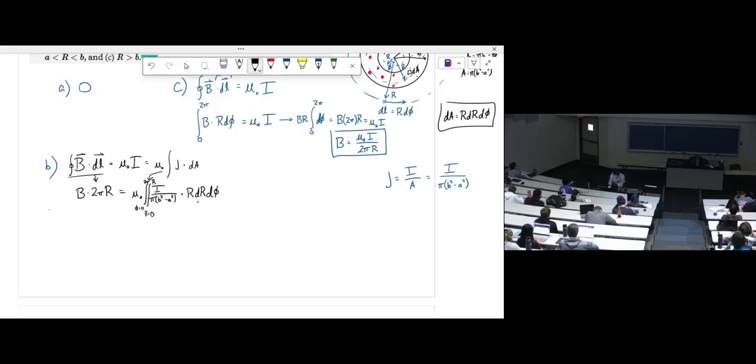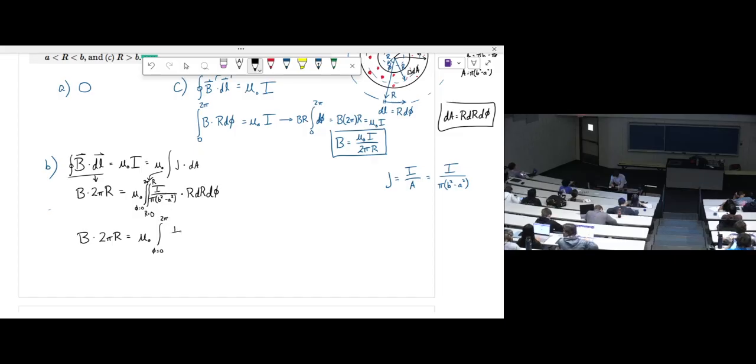So if I do the integral over r, I've got on the left-hand side B times 2 pi r is equal to mu naught times the integral going from, what do they teach you in Cal 2? I forget. I've gotten lazy at this point. Do you go outside in or inside out? I do the r integral first, right? R integral first. Yeah, so I still got my phi going from 0 to 2 pi.